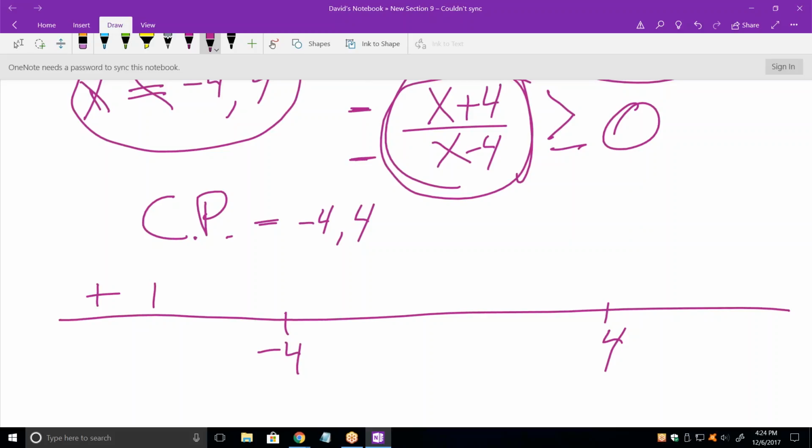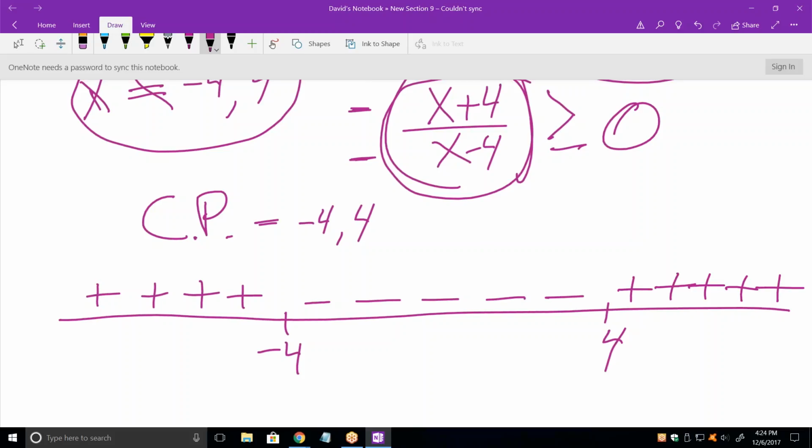So everything to the left of -4 is positive. Now pick a number between -4 and 4. 0. You'll notice that everything between -4 and 4 is negative. If you pick a number to the right of 4, you'll get positives again.